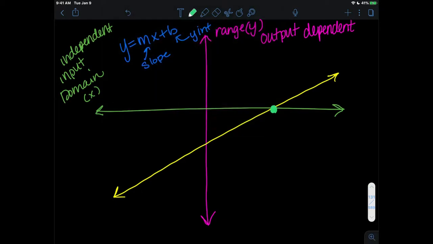Okay, this is a minty green point. This is where it touched my x-axis. So this is called an x-intercept.